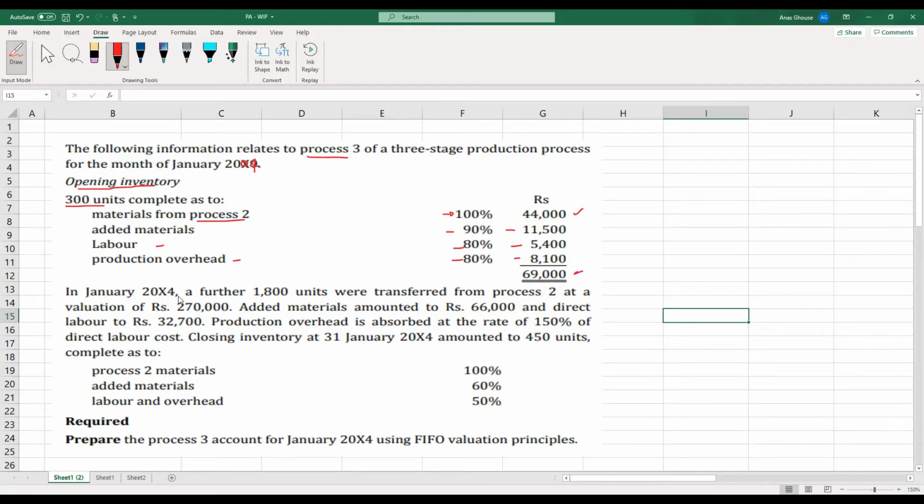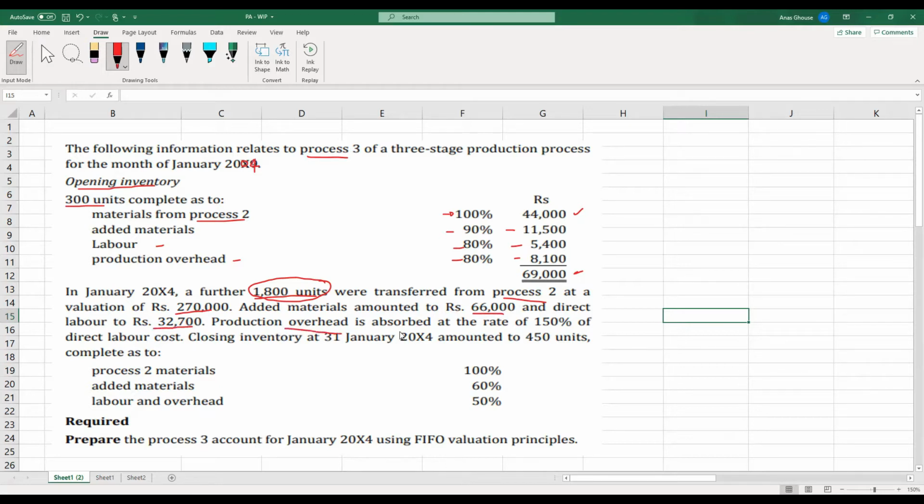In January 2004, a further 1,800 units were transferred from process 2. The units introduced to process 3 is 1,800, at a valuation of 270,000. Added materials amounted to 66,000 and direct labor cost is 32,200.